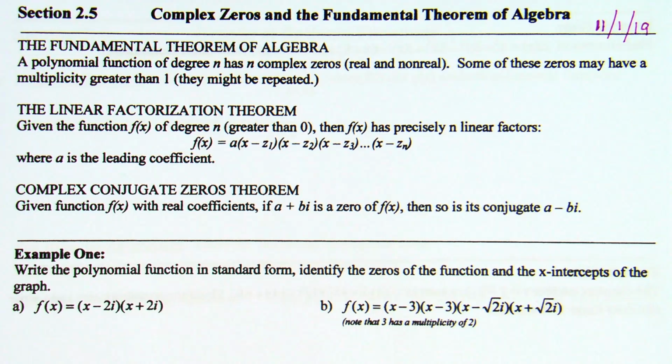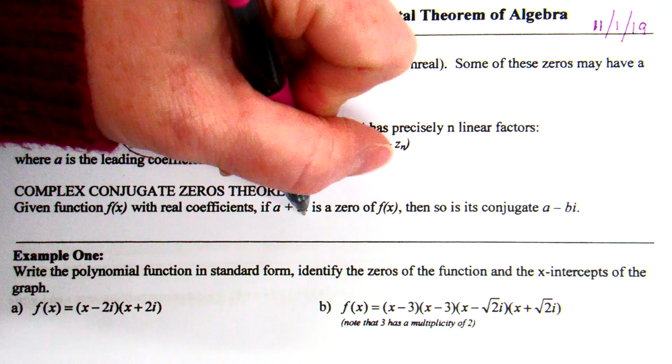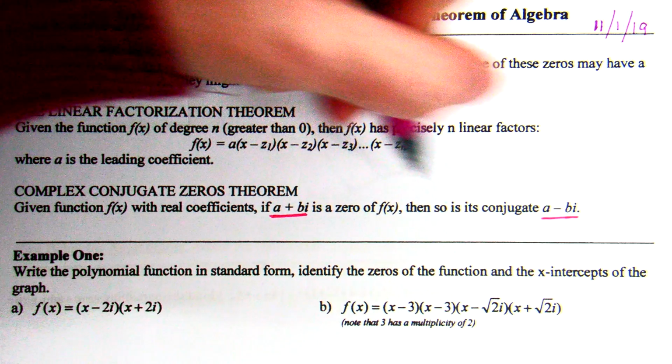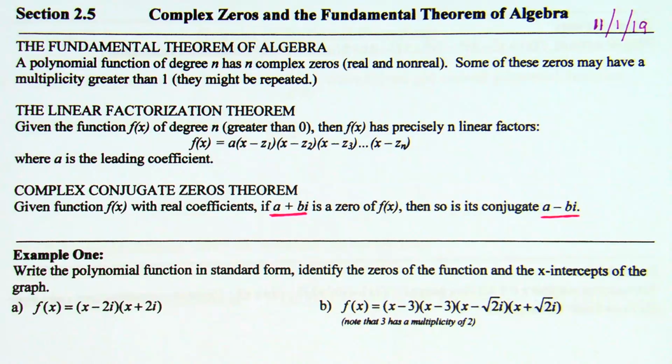Complex conjugate zeros theorem. Given function f of x with real coefficients, if a plus bi is a zero of f of x, then so is its conjugate. We will talk about this when we get to a certain point. If a plus bi is a zero, then so is a minus bi.